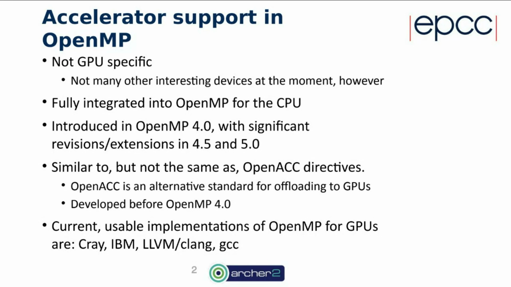It was developed before OpenMP 4.0. It's still around. The functionality of the two standards is essentially equivalent. Anything you can do in OpenACC, you can pretty much do in OpenMP 5.0, and vice versa. But all the syntax is different.